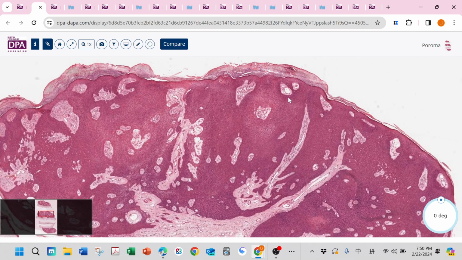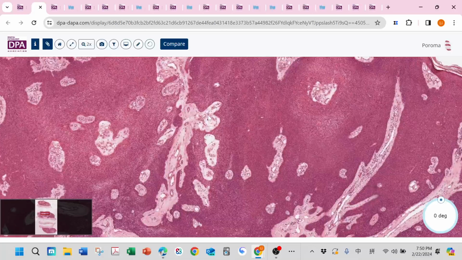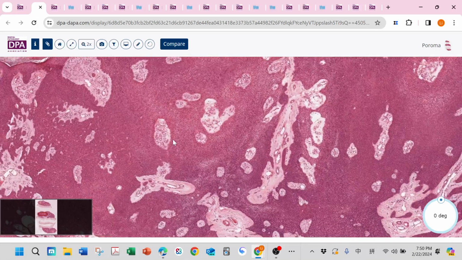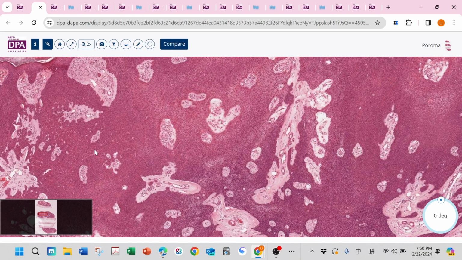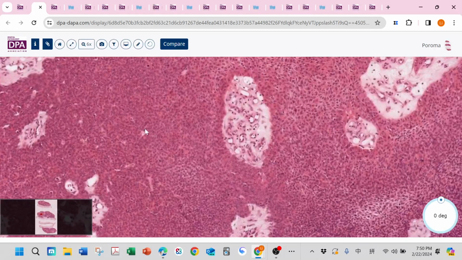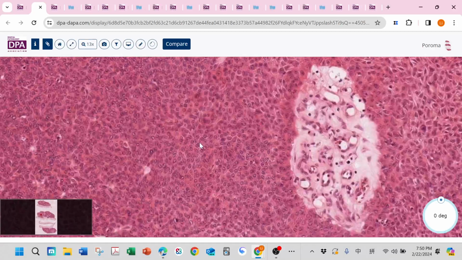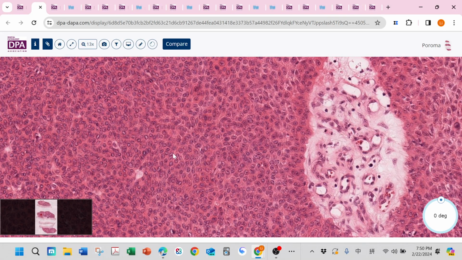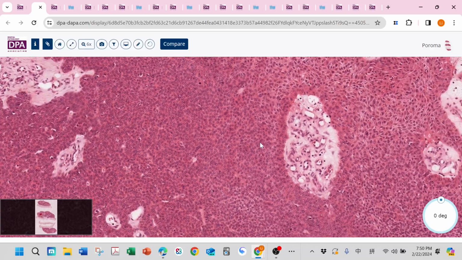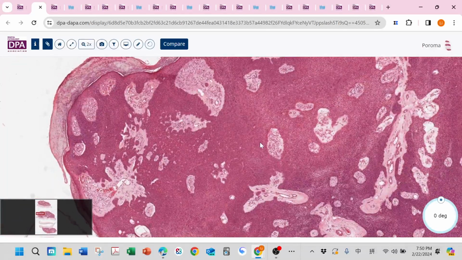Then this poroma stroma also catches your eyes, really hyalinized, pale stroma with dilated blood vessels here. Then we also see this hole. I'm sure this is eccrine duct differentiation. When you see these holes, that is tons of duct differentiation. And the cells are pale, with really monotonous cytoplasm. Usually you would not see any polymorphism.